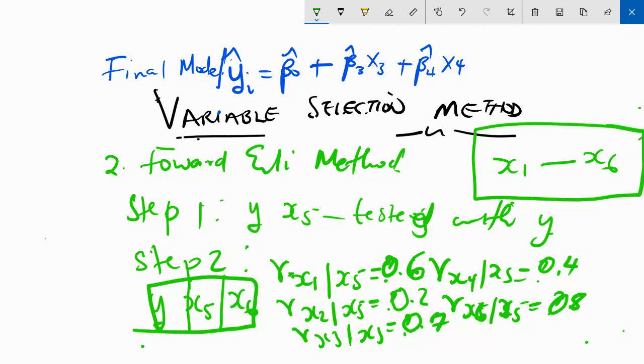So the system will stop only if no variables qualify to be entered in the model. It doesn't mean that because we have 6 independent variables, we must enter all 6.